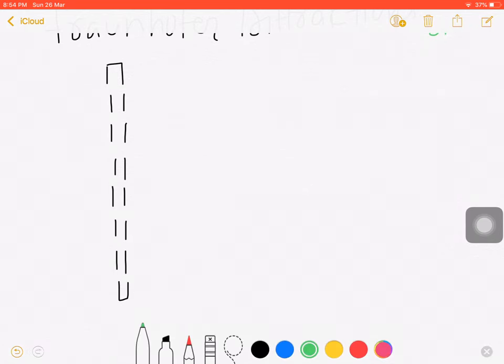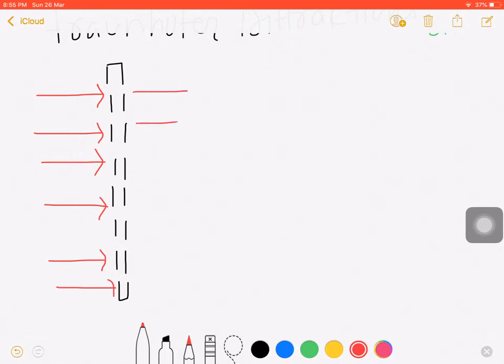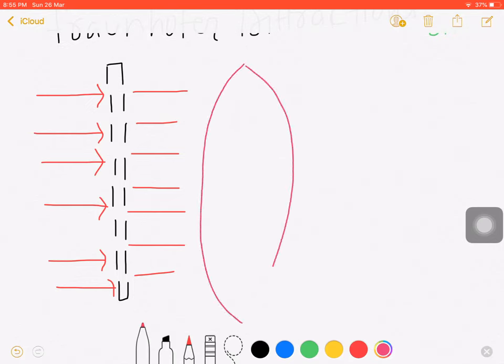And here we have the rays of light, and they will fall. Then we have a converging lens over here, which is known as a convex lens.